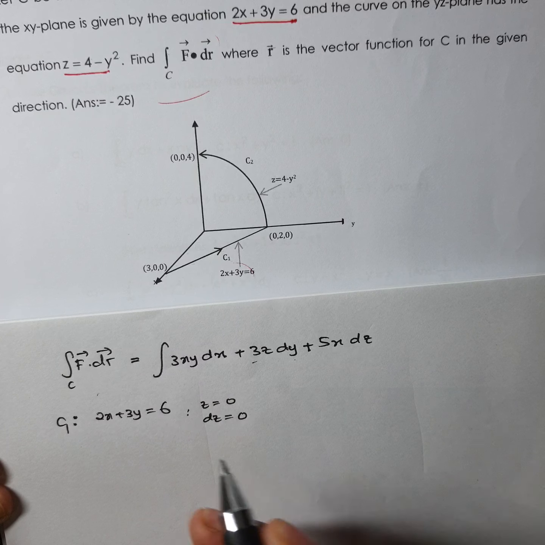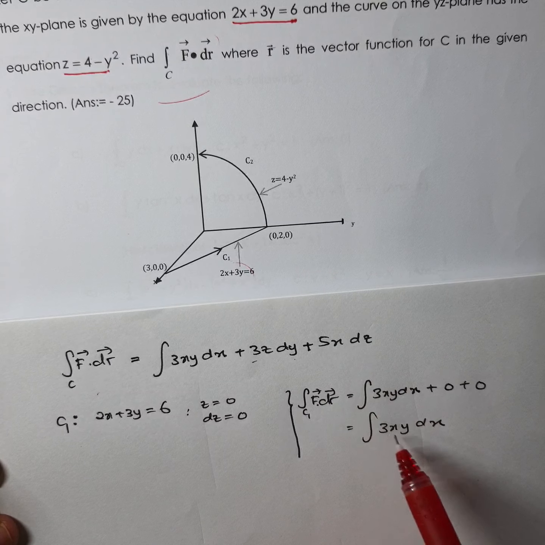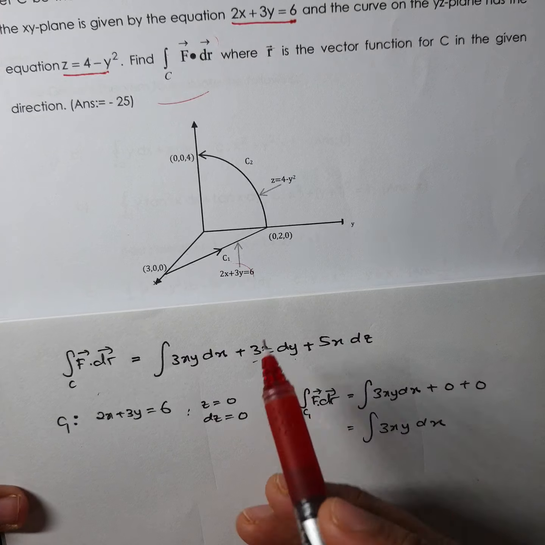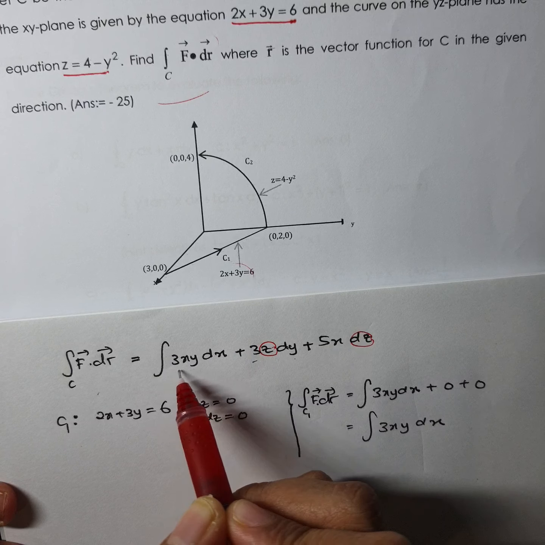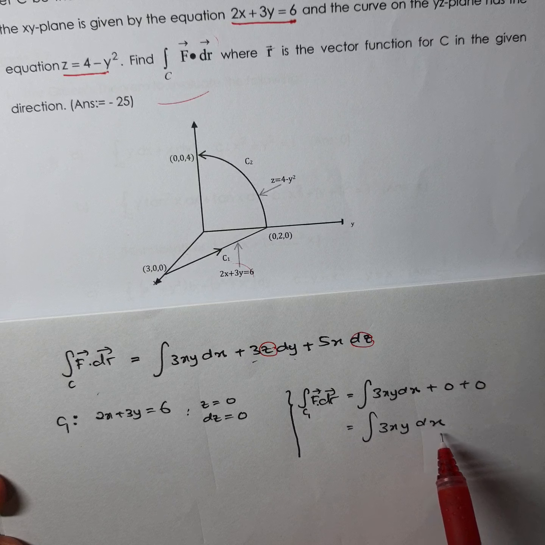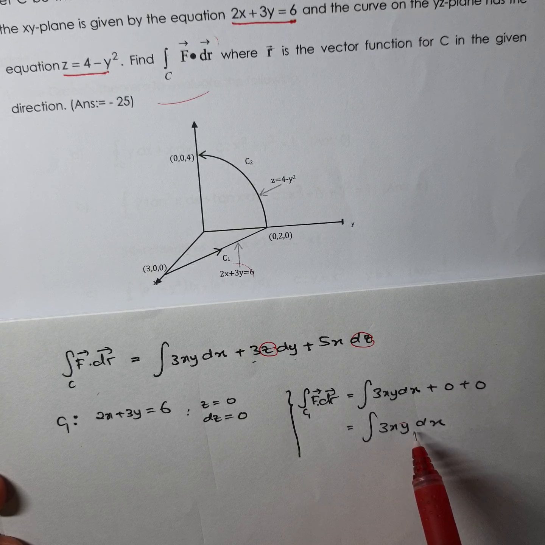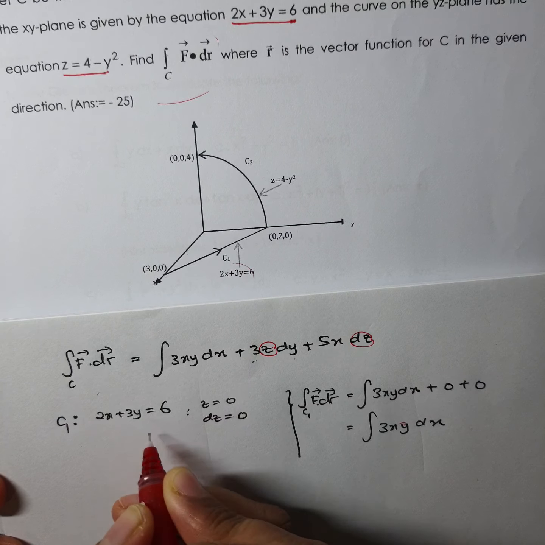So it will become 3xy dx. Why? Because your z is 0 and your dz is 0 here. So what's left is only 3xy dx. So in this case, you have to put it in the form of x alone or y alone. In this case, you have dx, so it's best to put everything in terms of x. So y has to be changed into the form of x. To know y, it depends on your path here.